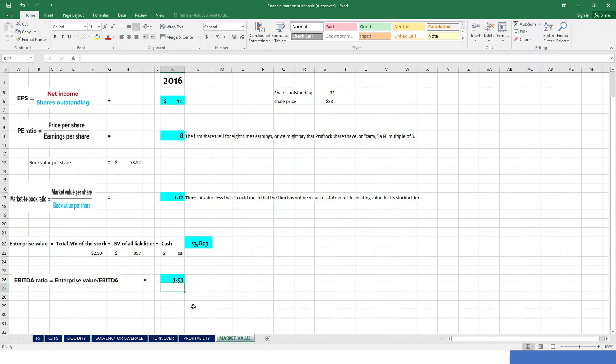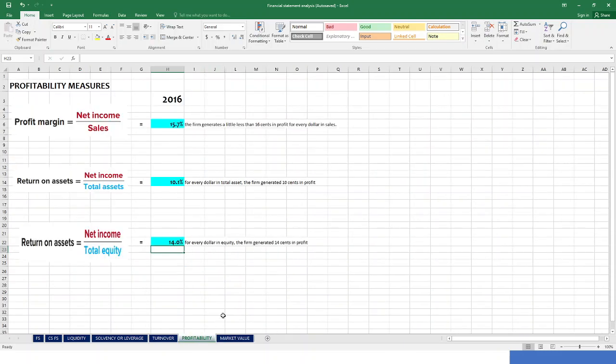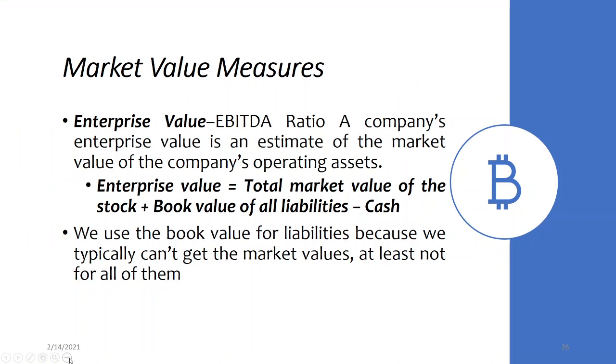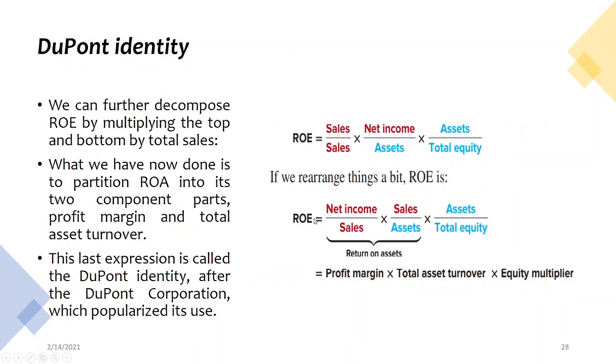So finally, if we go back to our profitability measures, we have a relationship which we call the DuPont identity. The DuPont identity says that return on equity is the same as net income over sales, times sales over assets, times assets over equity.